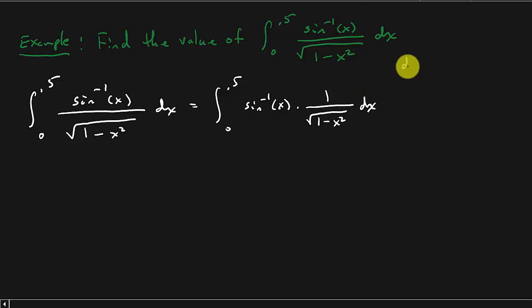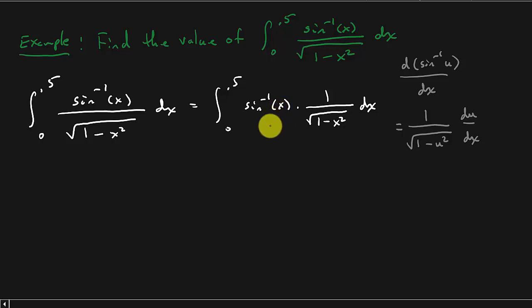Well, look, the derivative of inverse sine of u with respect to x is equal to 1 over the square root of 1 minus u squared times du dx. That's the derivative of inverse sine. Do you see it right here? See, in this case, u is x.